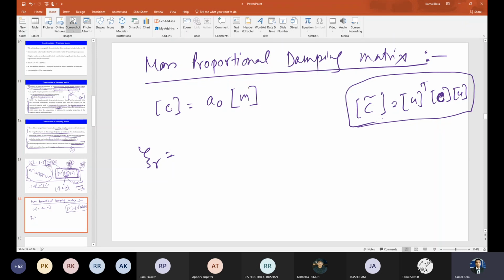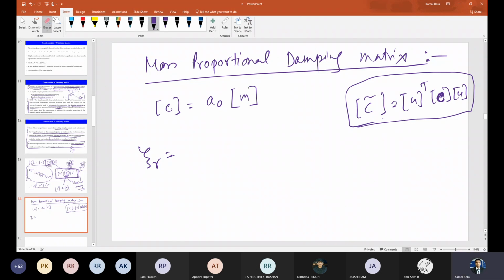Yes, it should be C. That is what you're trying to say, right? Yes, sir. Since you substituted C as A naught M, if you are writing M, then it will be M. I'm trying to write the general expression. Okay, now you substitute it, whatever you do, and tell me what is zeta.